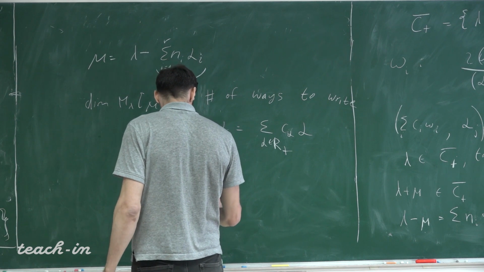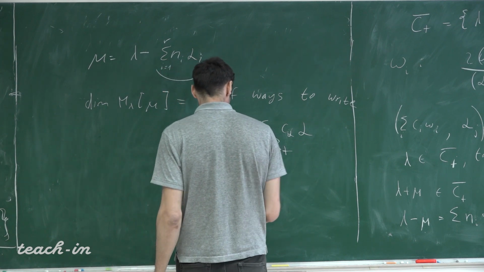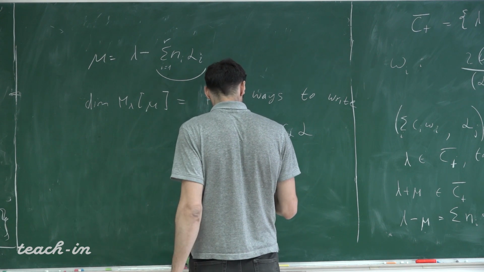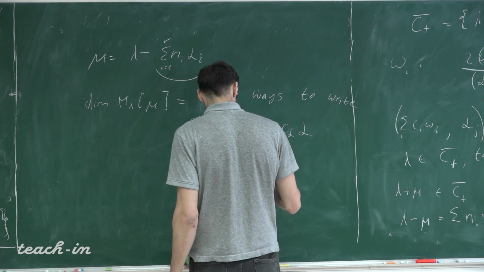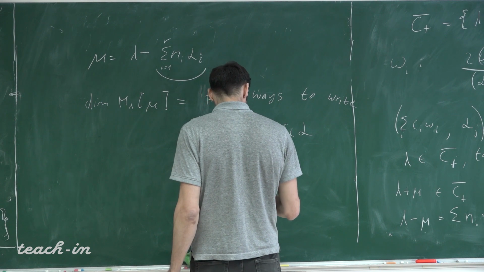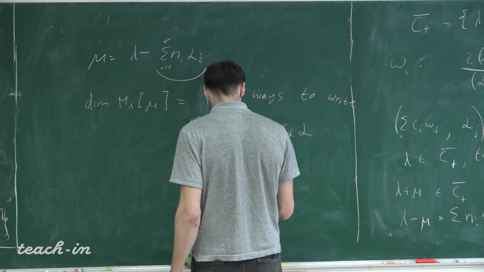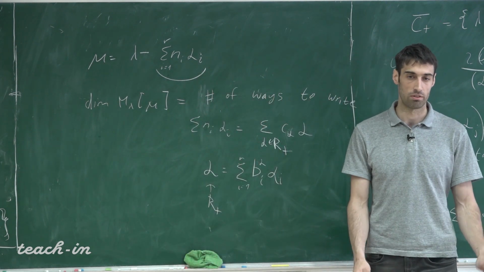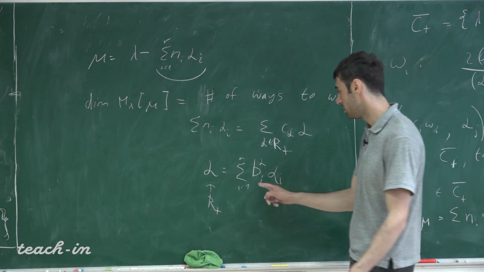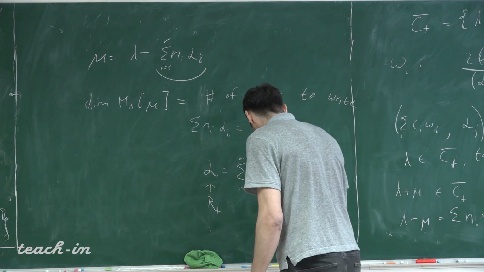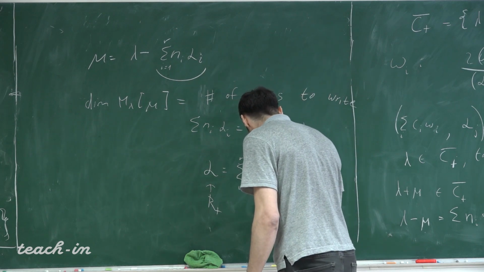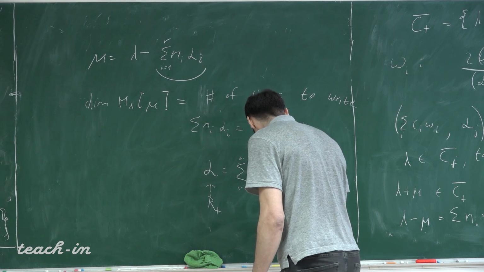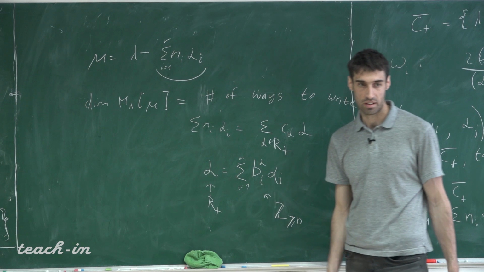So any positive root, if it's in R plus, is a sum of b_i alpha_i, i from 1 to r, where the b_i corresponding to this alpha live in Z greater or equal than 0, right?